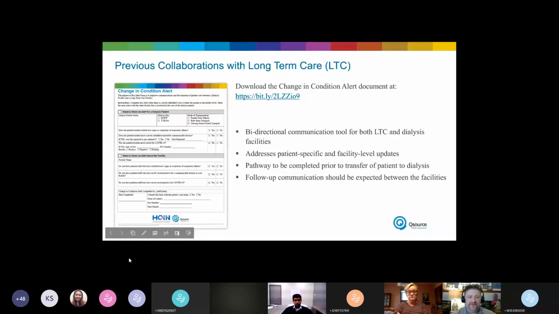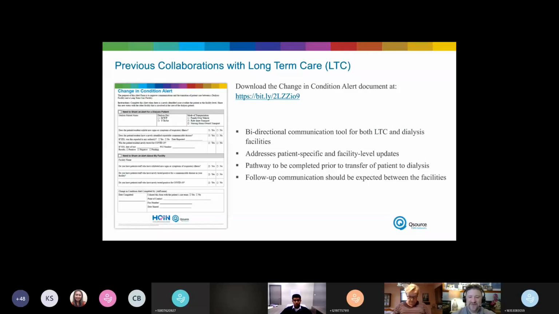Just a real quick thing that we wanted to share with everybody. Earlier this year, we collaborated with our Quality Innovation Network Quality Improvement Organization to create and encourage the use of a communications form. The intent of this was to be a bi-directional communication form for both long-term care and dialysis facilities.